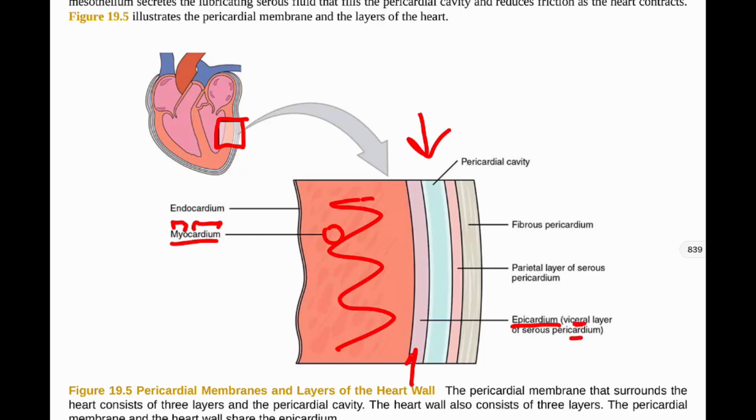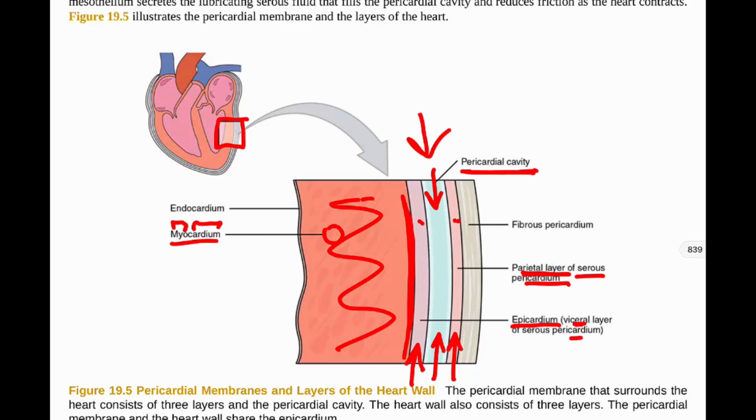Then right here, we have our pericardial cavity, so the space between these two tissues, and it has lubricating fluid in it, and we'll talk about that in a moment. And then we have our parietal layer of the serous pericardium, which is this one here, and remember that's fused to our outermost fibrous pericardium.